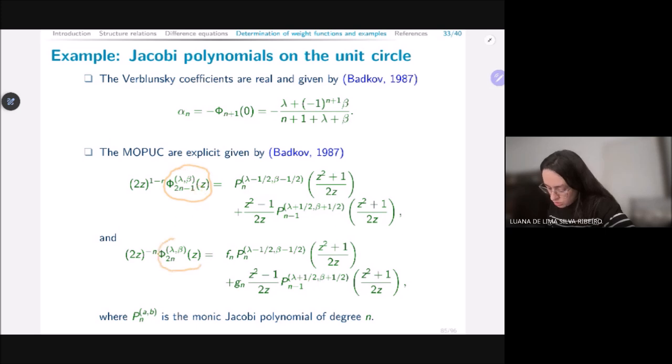So these two are the Jacobi polynomials on the unit circle, here with odd degree, here with even degree, and can be written in terms of the Jacobi polynomials in this variable. So these formulas can be found here.